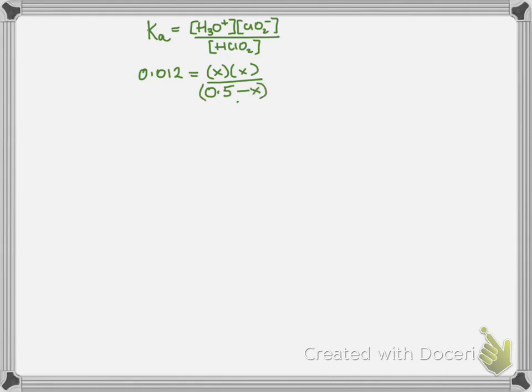Now, I'm looking at the value of Ka, and that is not a very small Ka, where the approximations always are okay to do.